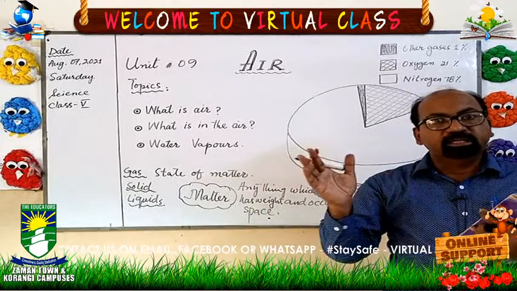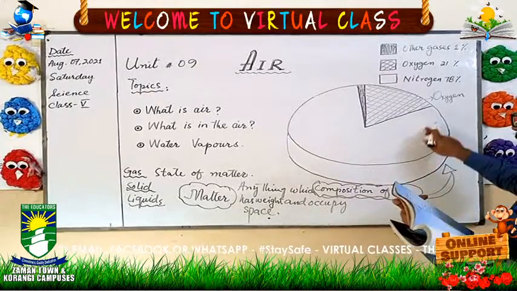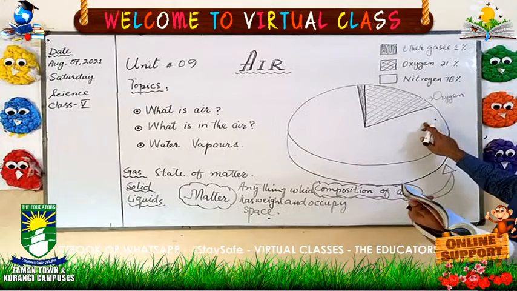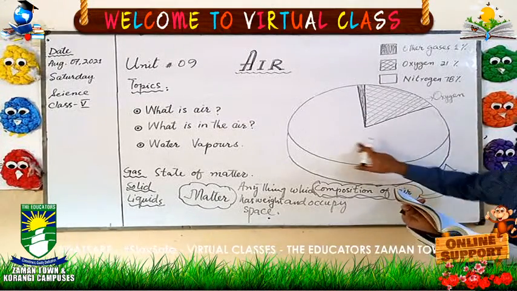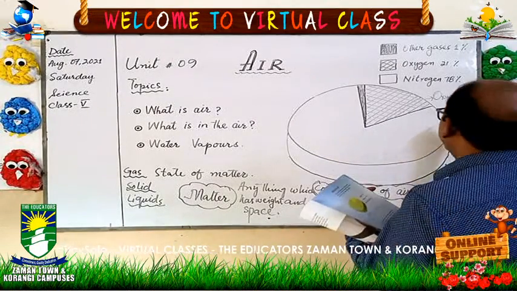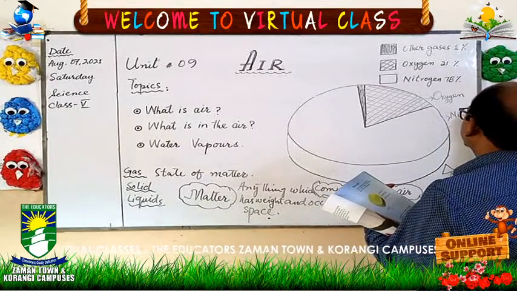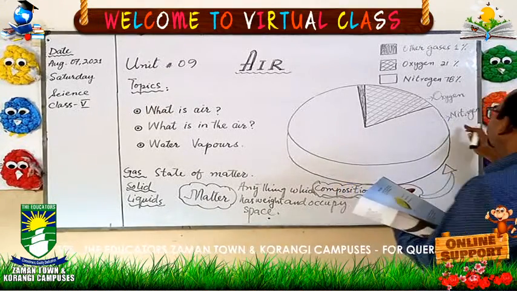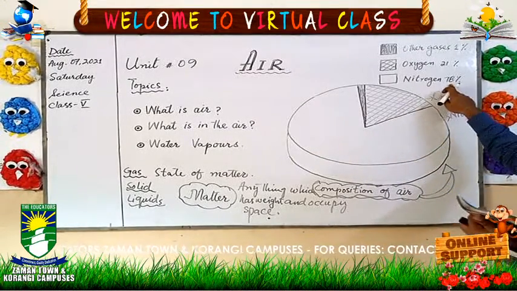Out of these other gases, the big portion, which in your book is green in color, is a 78% area, and this is nitrogen. This whole area is nitrogen, which is 78%.